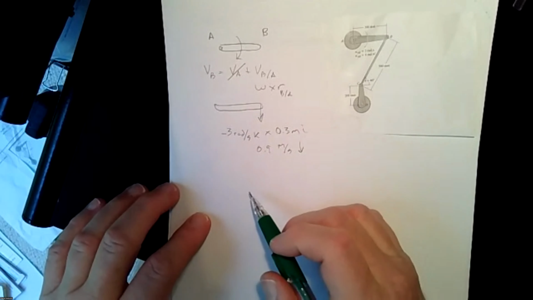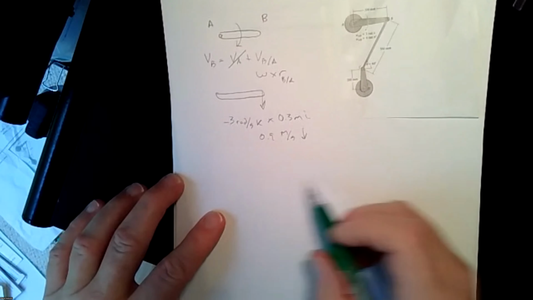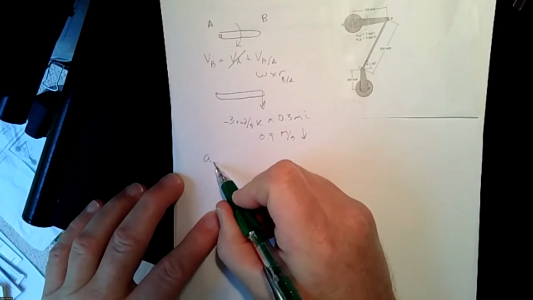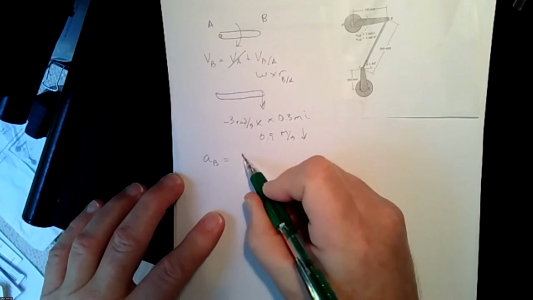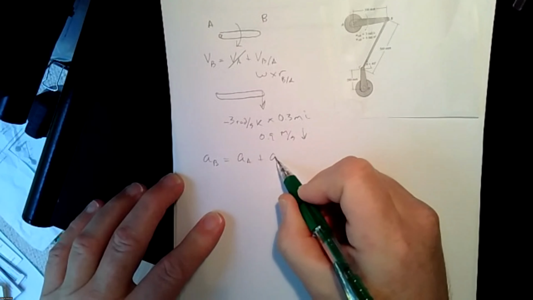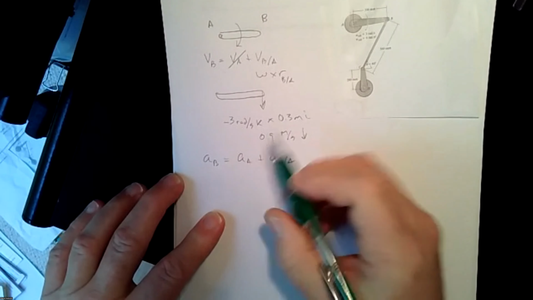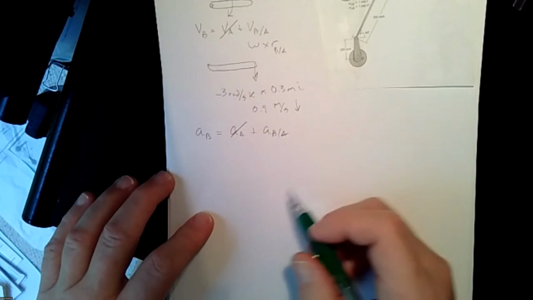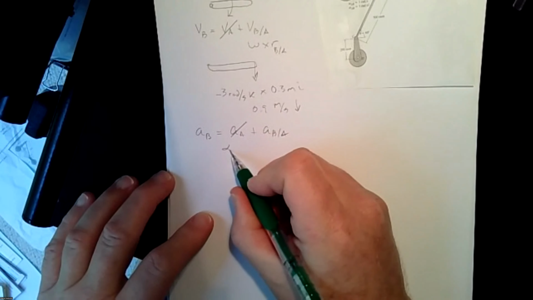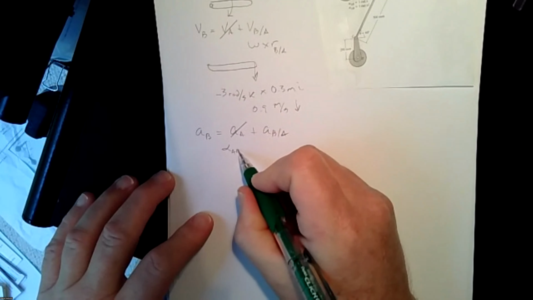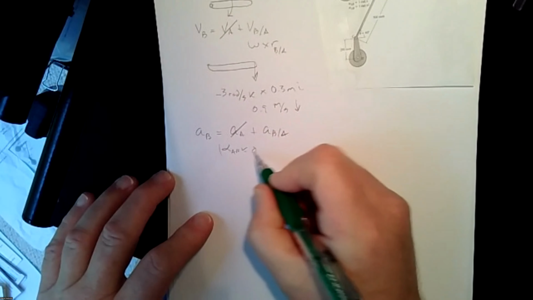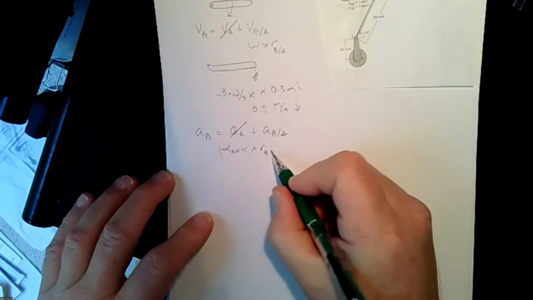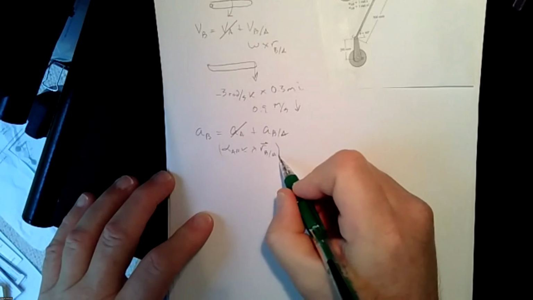When we go on to the acceleration component, again, we're going to say acceleration of B equals acceleration of A plus acceleration of B relative to A. Again, that's zero. But this component here, we know to be alpha AB K crossed R B relative to A, if we write it out.